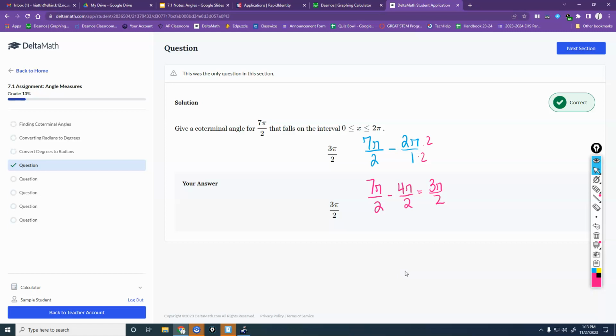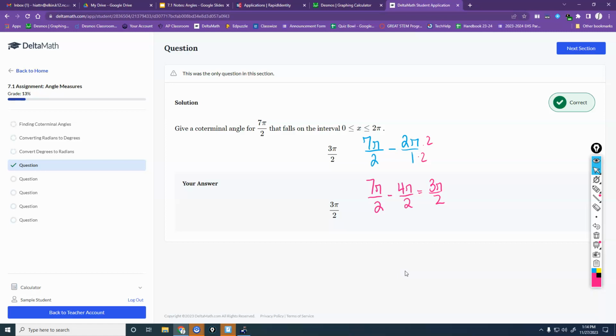Okay? One confusing thing about that Delta Math is how it's written. When it says 0 to 2 pi, it just means to get that number closest to 0. So if it's a big number, you want to subtract until you get something there. Another thing you can do is, if you do 7 pi divided by 2, it gives you 10.9956. 2 pi is like 6.28.